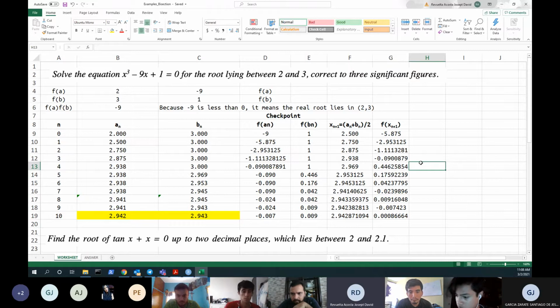Les voy a dar de aquí a las 11, vamos a darle a las 11:20, más o menos. Sale 10 minutos para que hagan un buen progreso. 11:25 vamos a ponerle, para que ustedes progresen. Si tienen preguntas, recuerden que aquí estoy.